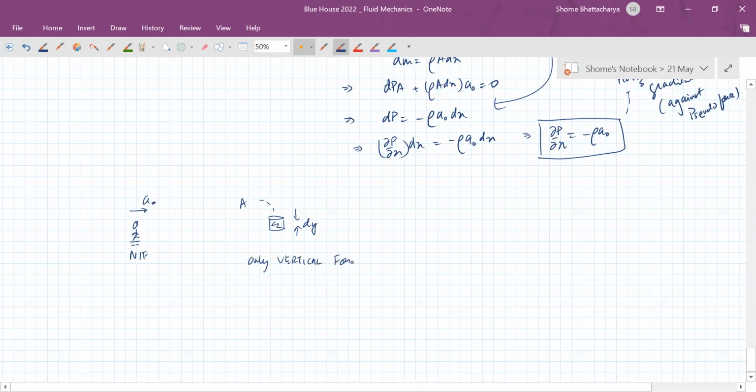It's like separately we are balancing forces along x-axis and y-axis. So this is the same derivation we have seen before. So this will give us that dP is equal to minus rho g dy.